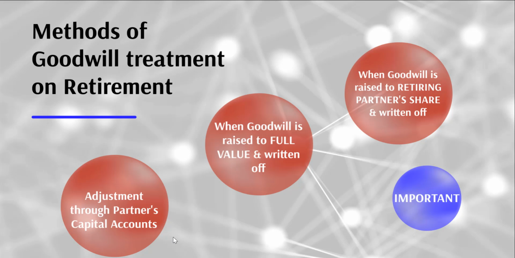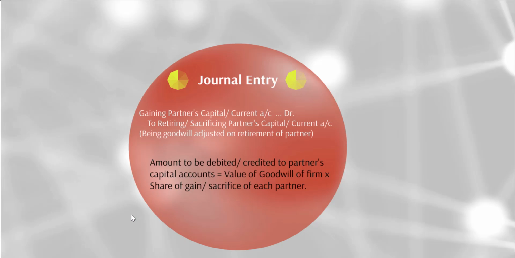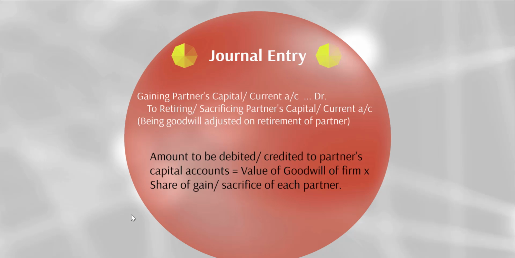We'll begin with the first method, which is adjustment of goodwill through partners' capital or current accounts. The journal entry for this is gaining partner's capital or current account debit to the retiring partner or any other sacrificing partner's capital or current account.